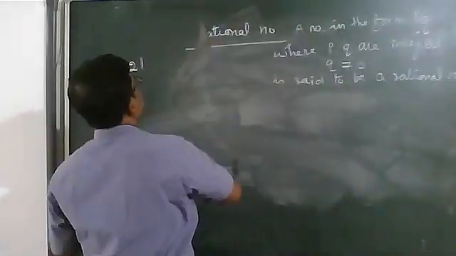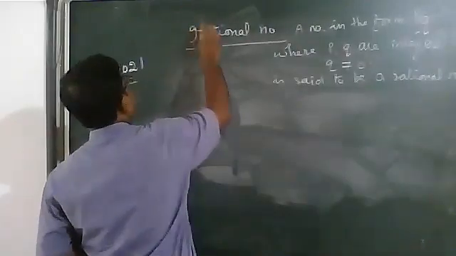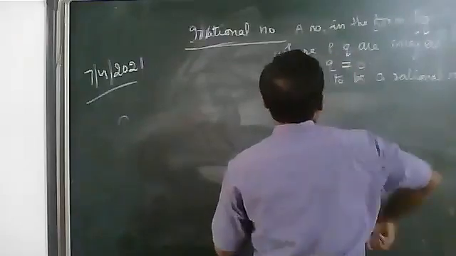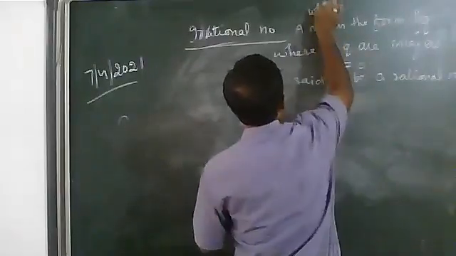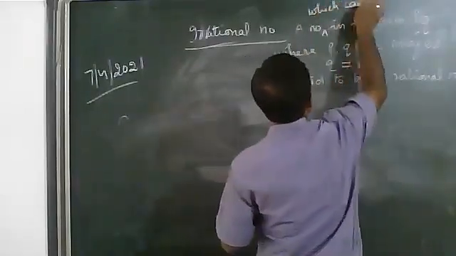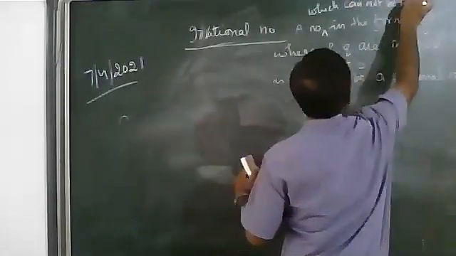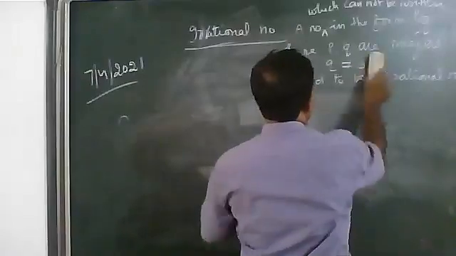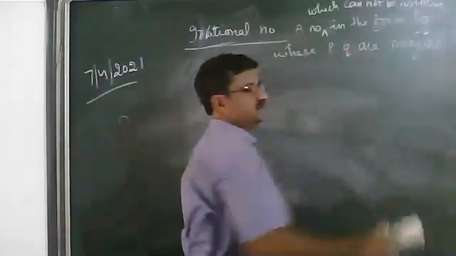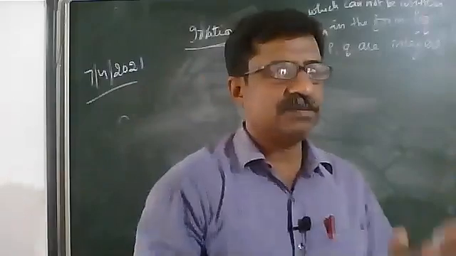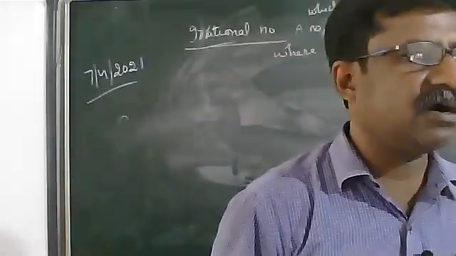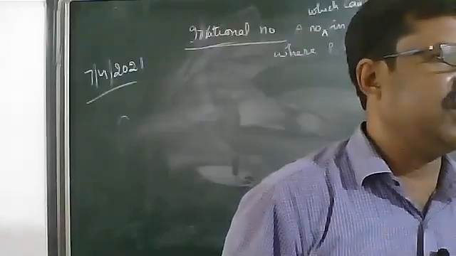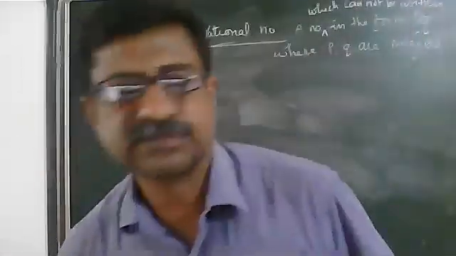Now, if all these numbers which you have learned are rational numbers, then what is an irrational number? Those numbers which cannot be written in the form of p upon q, where p and q are integers, are said to be irrational.